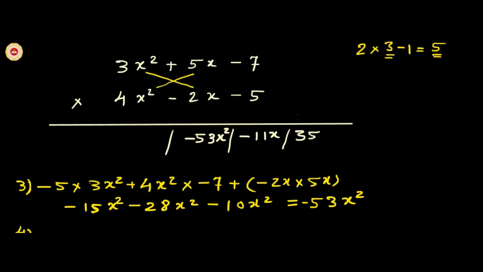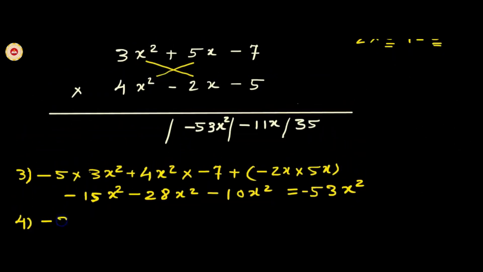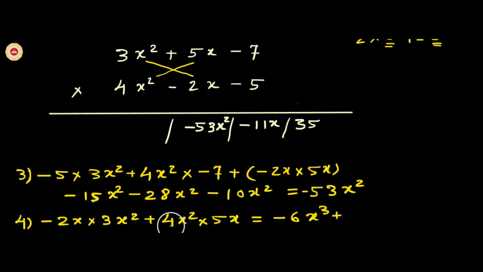right? Minus 2x multiplied by 3x squared, plus 4x squared multiplied by 5x, which is equal to minus 2 multiplied by 3, minus 6, x multiplied by x squared, x cube, plus 4 multiplied by 5, 20, x squared multiplied by x, x cube, which is equal to 20x cube minus 6x cube is 14x cube.